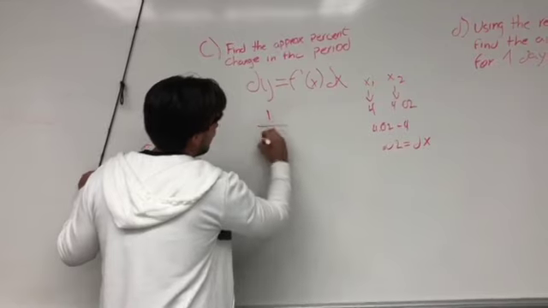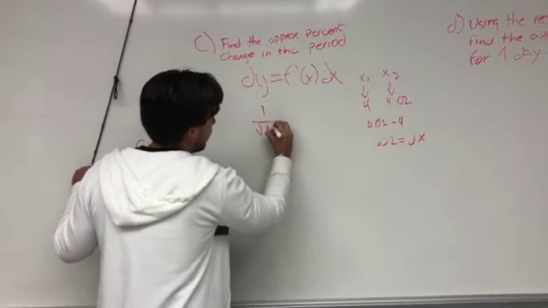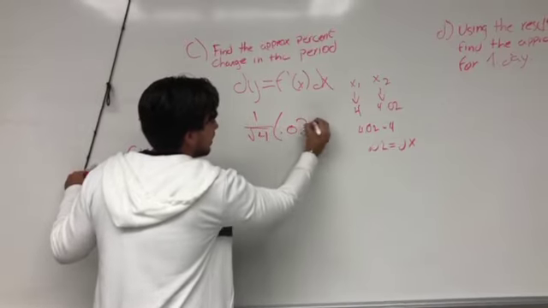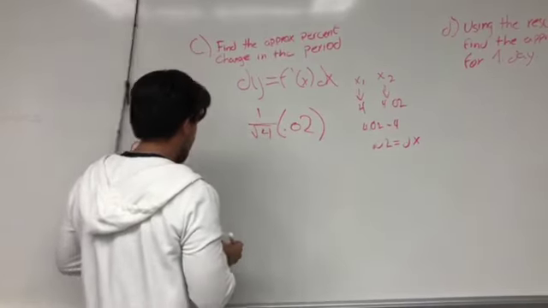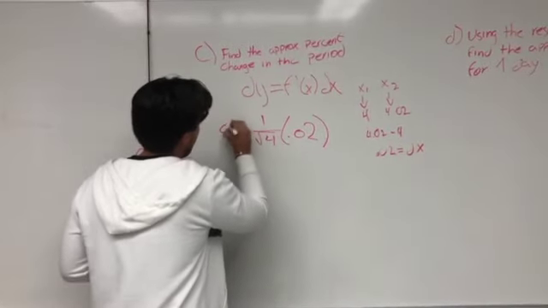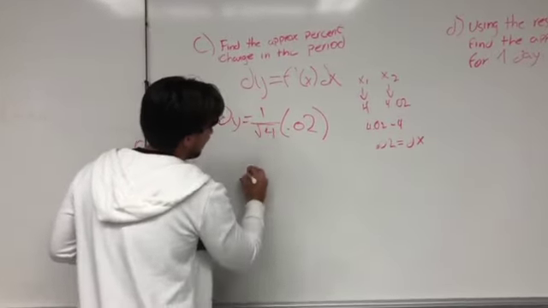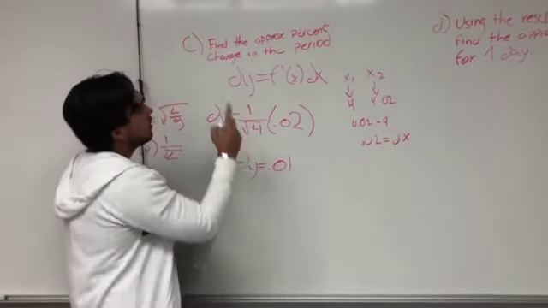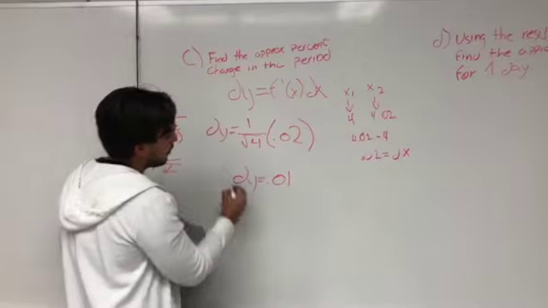So we'll put 1 over square root of 4 times our dx, which is 0.02. This will give us 0.01. So our dy equals 0.01. This is our approximate change in the period.